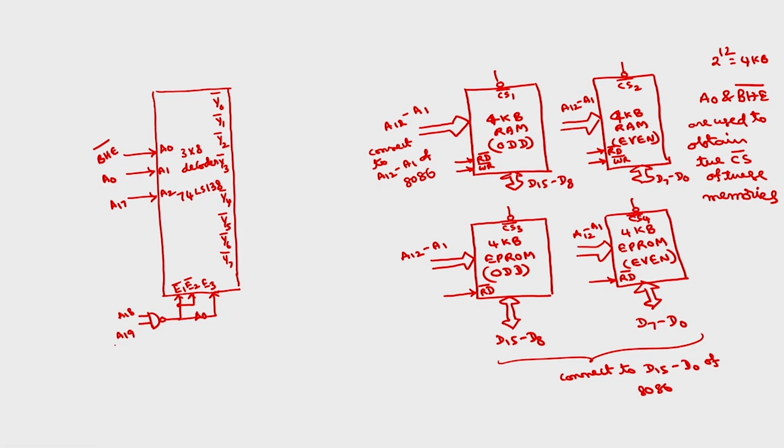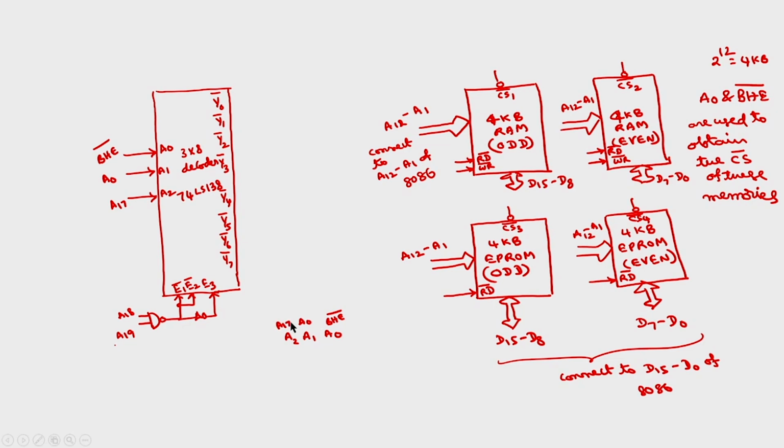Now, how to select CS1, CS2, CS3, CS4? This depends upon A0 and BHE bar. So, I can form a table now. BHE bar, A2, A1, A0 of the decoder. A0 of the decoder is connected to BHE bar of the microprocessor, A1 is connected to A0 of the microprocessor, and A2 is connected to A17 of the microprocessor.